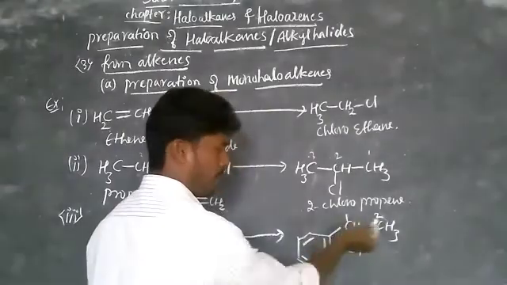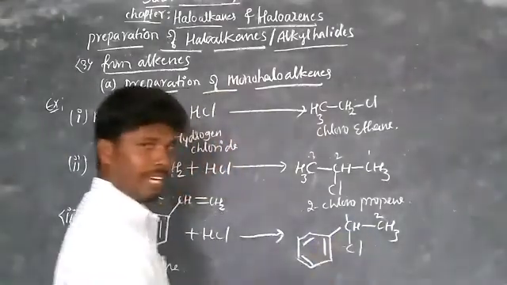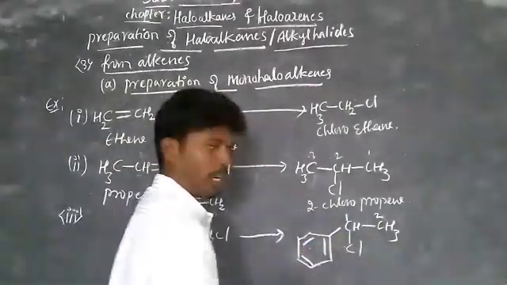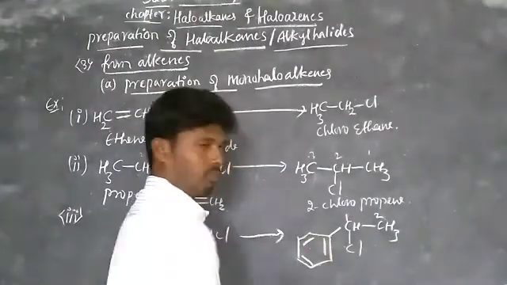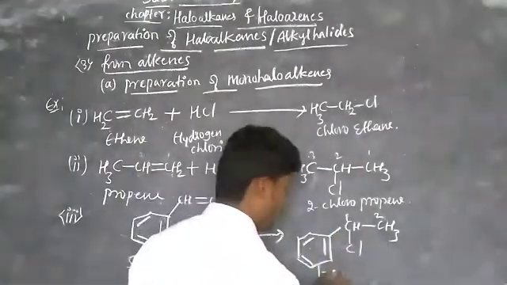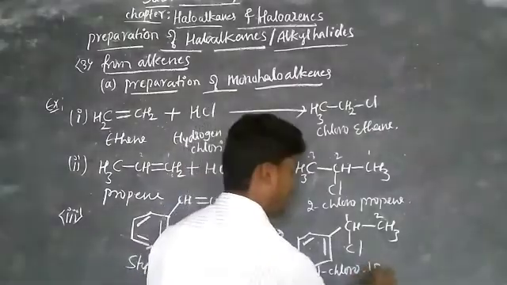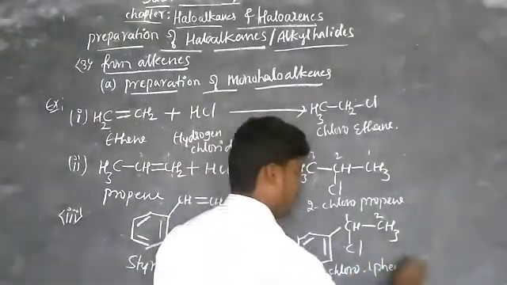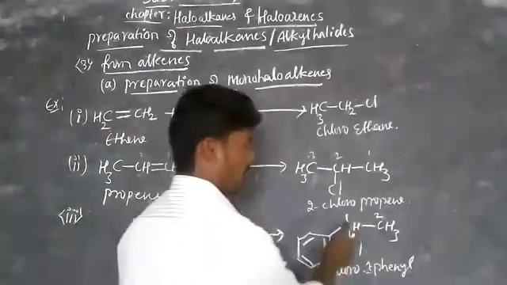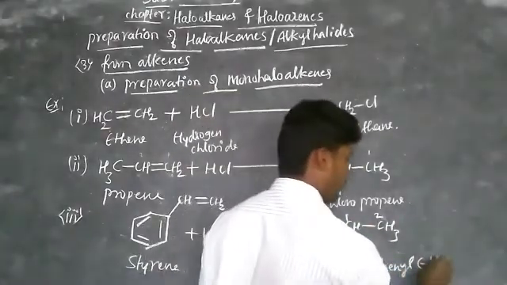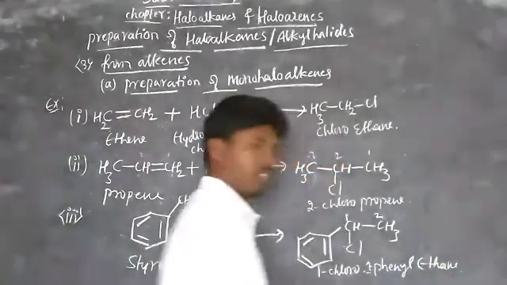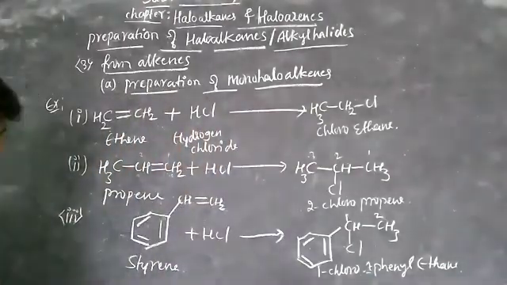Among these two, which will get the first number? This is the phenyl ring, this is chlorine. So chlorine comes first, then phenyl. Therefore, 1-chloro-1-phenyl. What is its name? Ethane. 1-chloro-1-phenylethane.